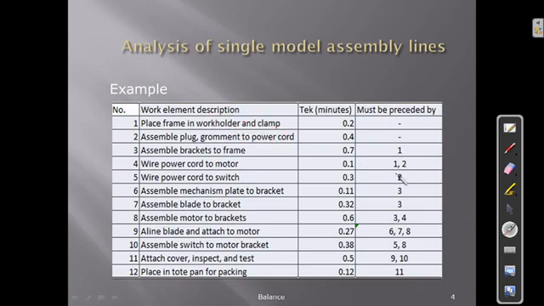Likewise, they give the predecessors. If these are finished, then this will start. If 3 and 4 are finished, then this will start. If 6, 7, 8 are finished, then it will start. This is the given tabular column.